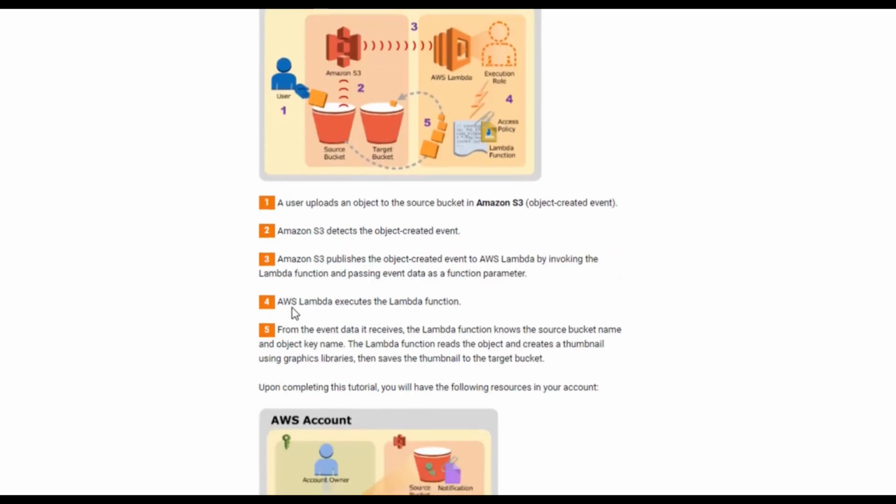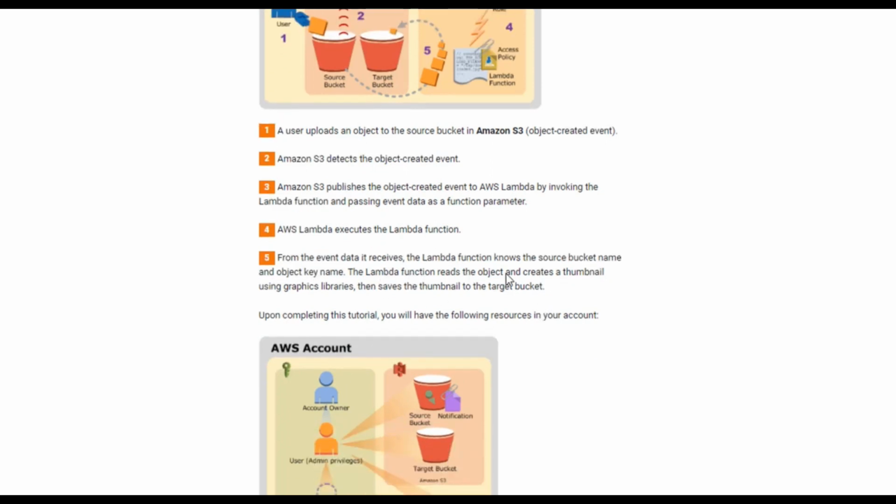In fourth step, AWS Lambda executes the Lambda function, and in fifth, from the event data it receives, the Lambda function knows the source bucket name and object key name. The Lambda function reads the object and creates a thumbnail using graphics libraries and then saves the thumbnail to the target bucket.